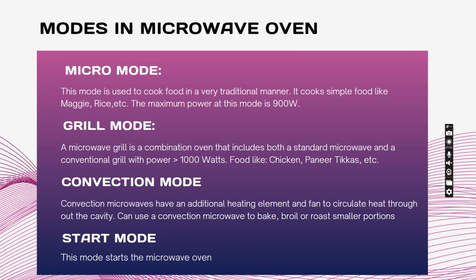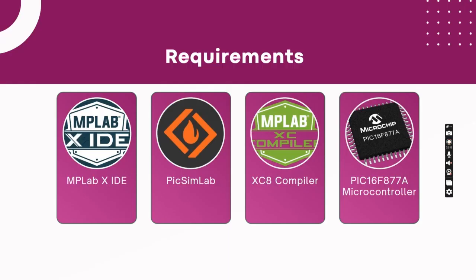A microwave grill is a combination oven that includes both a standard microwave and a conventional grill, with power greater than 1000 watts. The next mode is convection mode. In convection mode, microwaves have an additional heating element and fan to circulate heat throughout the cavity. The last mode is start mode. This mode starts the microwave oven.